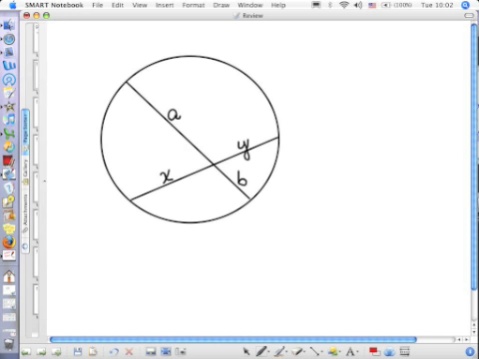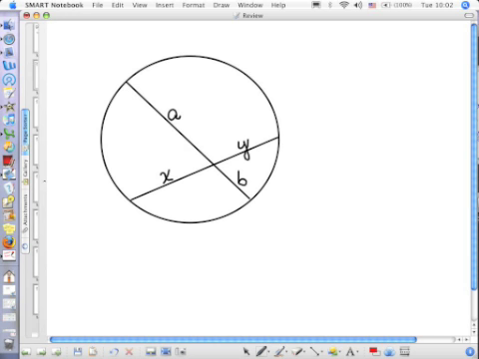We also dealt with chords intersecting in a circle and finding the measures of the two pieces that were created. All right, A plus B is one chord, X plus Y is another chord. Does anybody remember how to set up and use these pieces of information to find a missing segment?